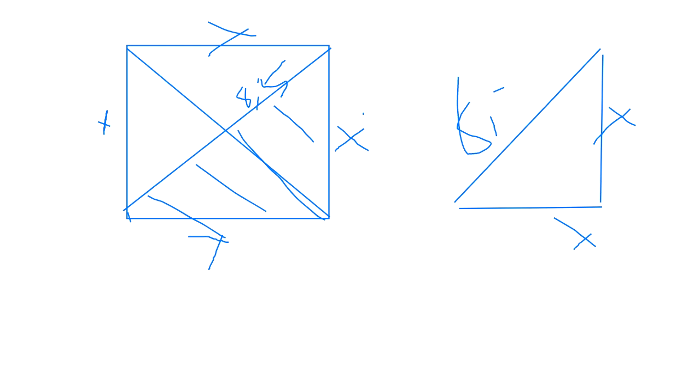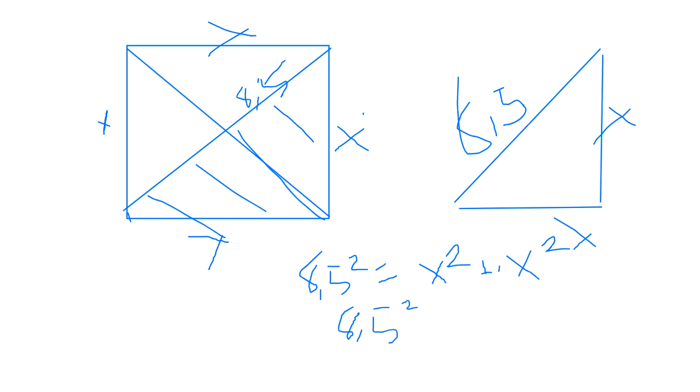Then obviously I can use Pythagoras theorem. 8.5 squared will be equals to x squared plus x squared. So 8.5 squared can be equals to 2x squared.